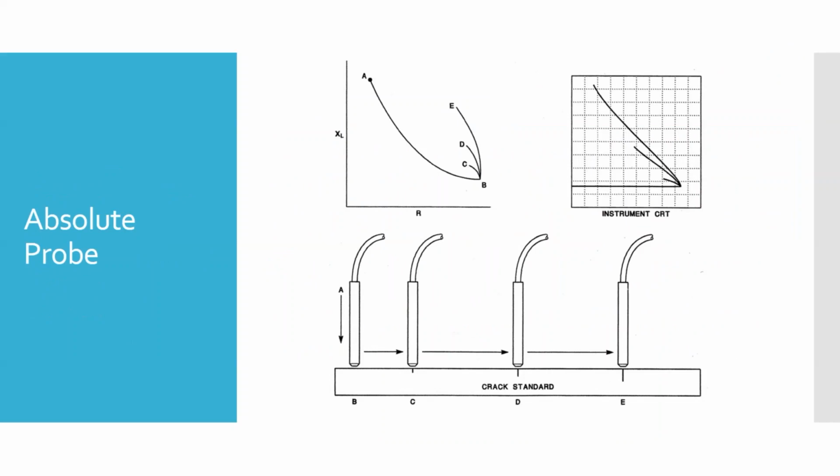So as the probe goes across C, the point on our impedance plane diagram is going to move from B up to C and back down to B again as that probe passes that crack C. Okay? So as you start to get close to the crack, as you start to bring the right side of the probe over that crack, it's going to move up a little bit.